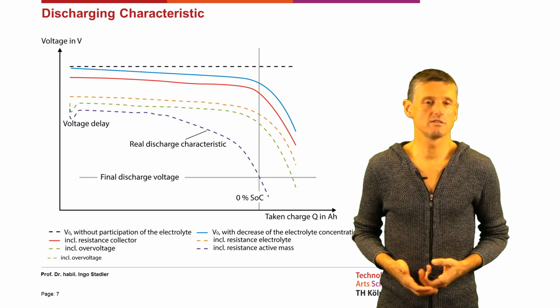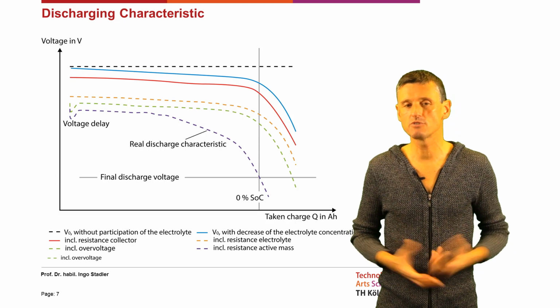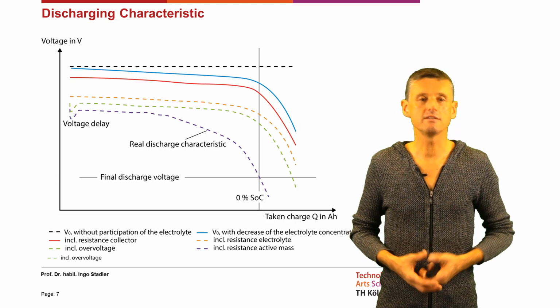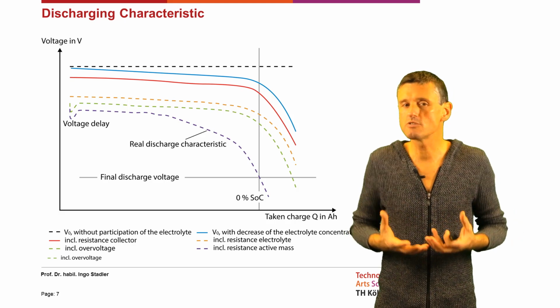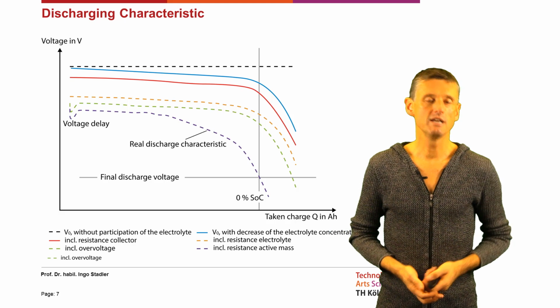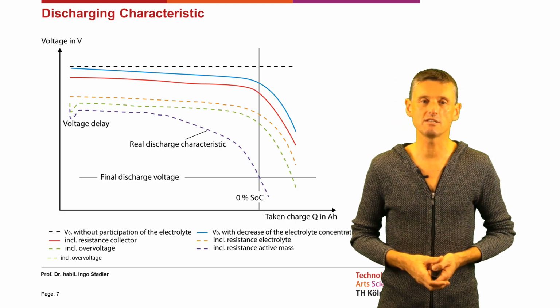We see it inclusive the resistance of the collector, the resistance of the electrolyte, and the overvoltage that is necessary in order to start the discharge of the battery. And then we get this very typical discharge curve of a lead-acid battery.